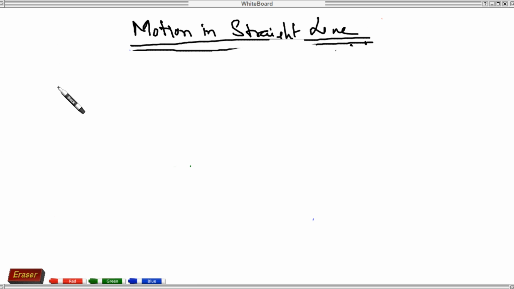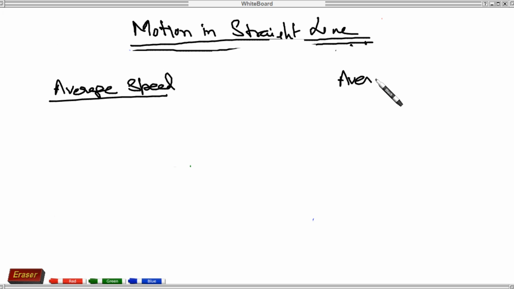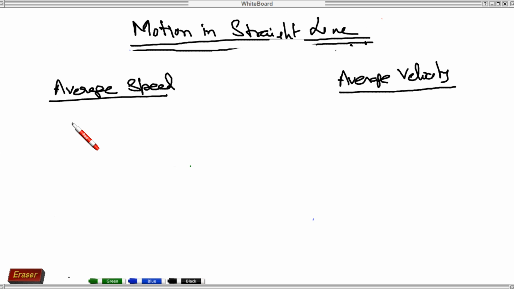There is one more concept, that is average speed and average velocity. S-AVG shows the average. What I told you, speed is equal to distance traveled over time.